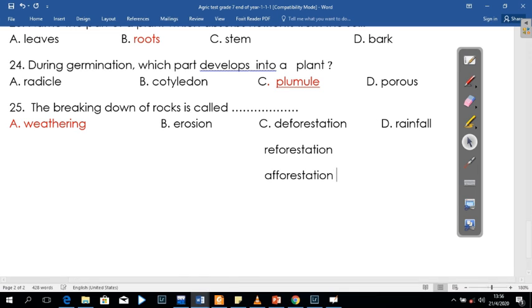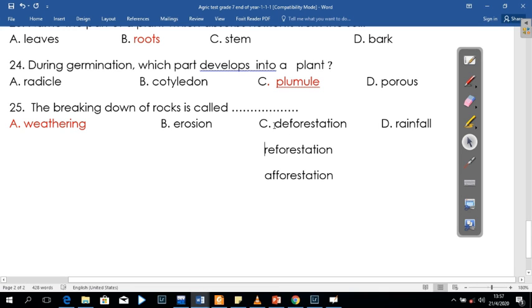It is when we are planting trees for the first time. We are not replacing, but we are just planting them for the first time. We are having our plantation, we are planting the trees. Reforestation, the trees were there, perhaps they are no longer there, so we are replacing them. That is, we are replacing them by planting them.